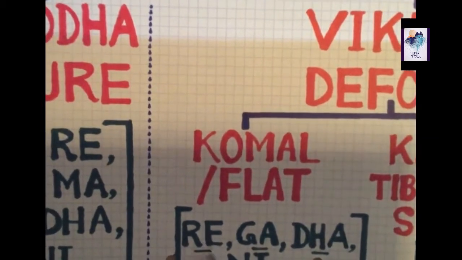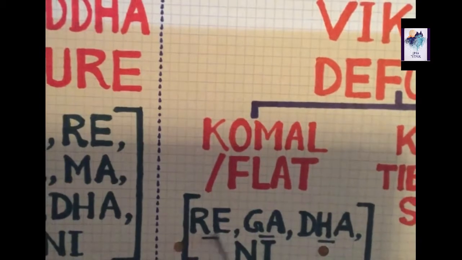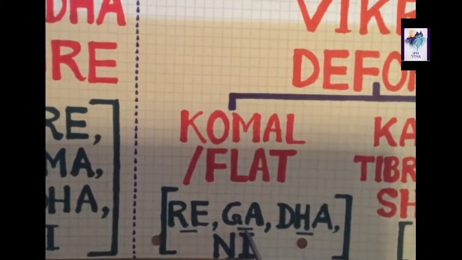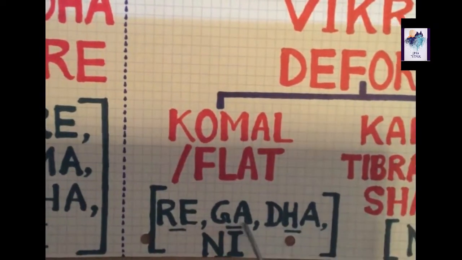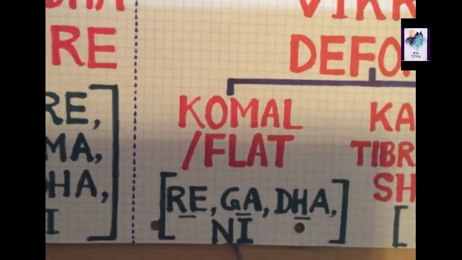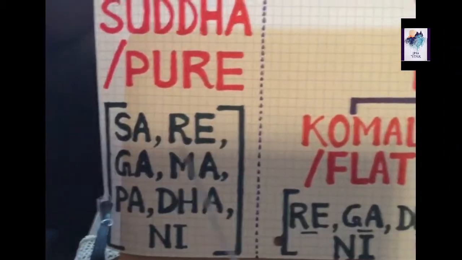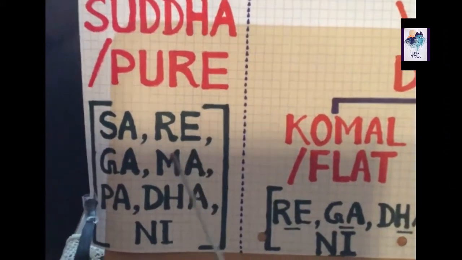So, it indicates this is Komal Re, Komal Ga, with a small dash under the note. Komal Dha, Komal Ni. It's not seen, but it was written. But you see, in the case of Shuddha Re, there is no dash.